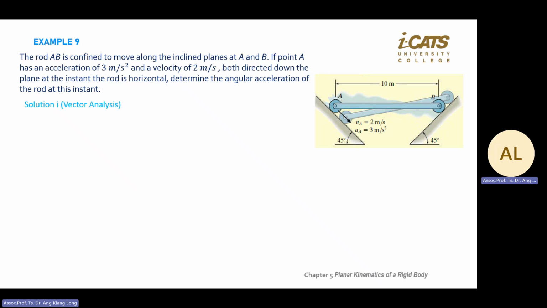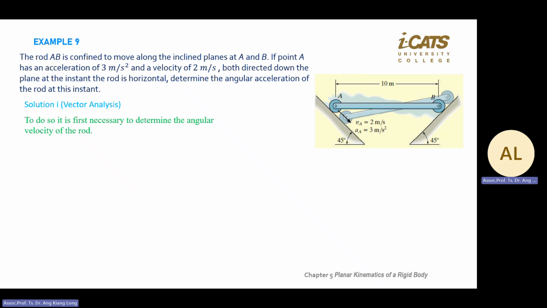Okay, there are two analyses. One, we use vector analysis. The question already gives you point A acceleration. You have the A, you have the VA here. You know that this object rotates.